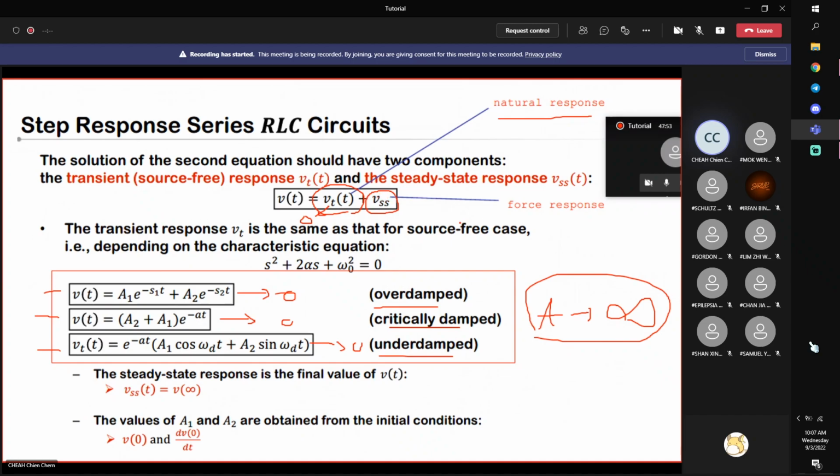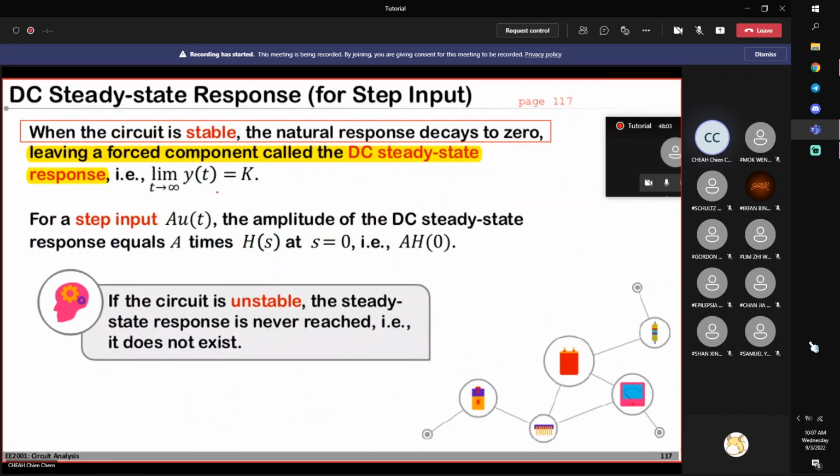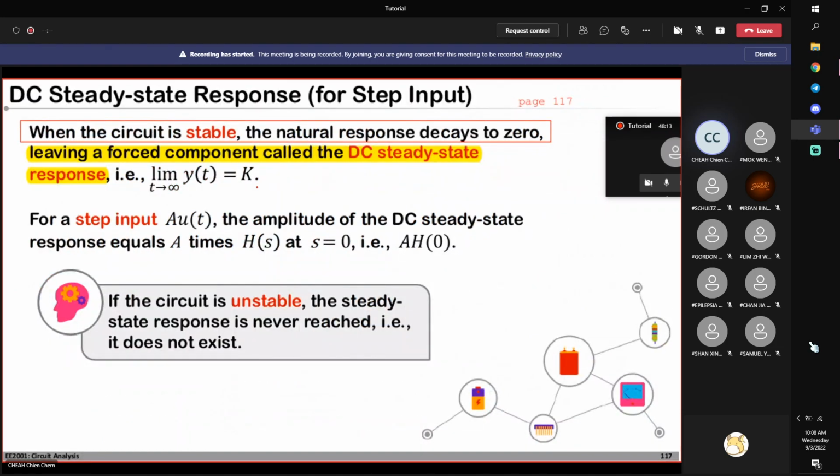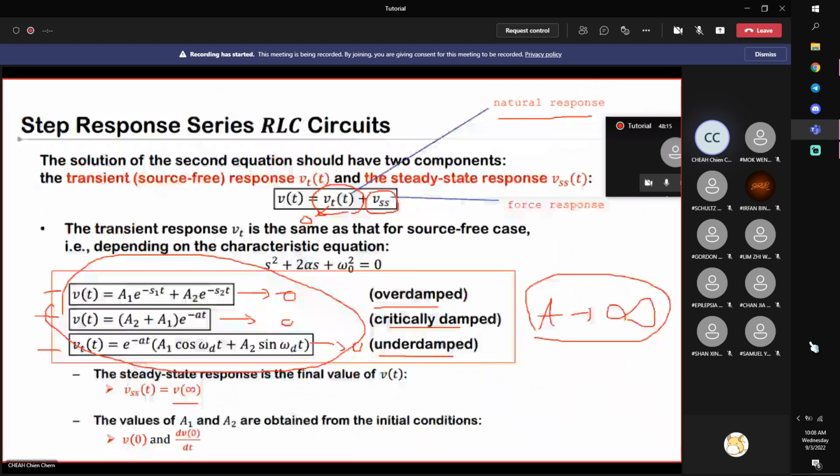V_SS, which is a constant, because DC means it's constant. So in other words, if you go back and read this again, it becomes clear. The circuit is stable if the natural response all decays to 0, and you're only left with a steady state response, which is this one.